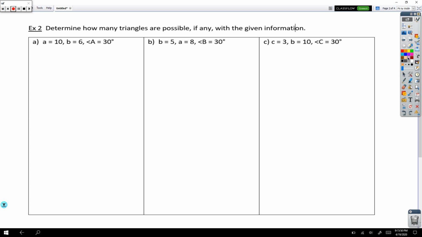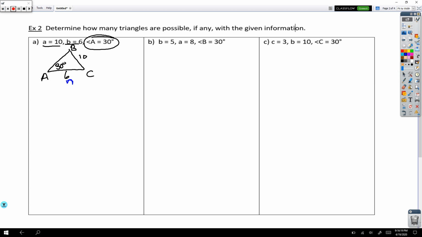So first example here, let's draw what we would hope to be our triangle. Side A would be 10. Angle B, side B is 6. And angle C, we don't have anything to do with C, but we do have angle A as 30 degrees. So when I think about where my angle's located, here's the adjacent side.